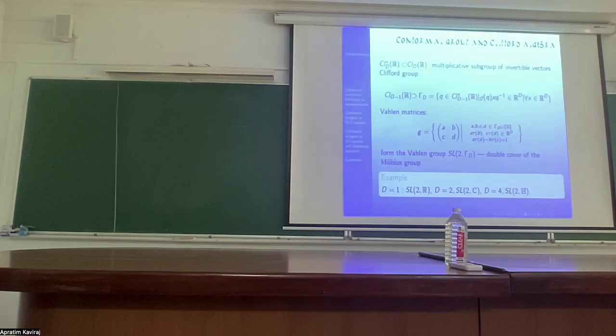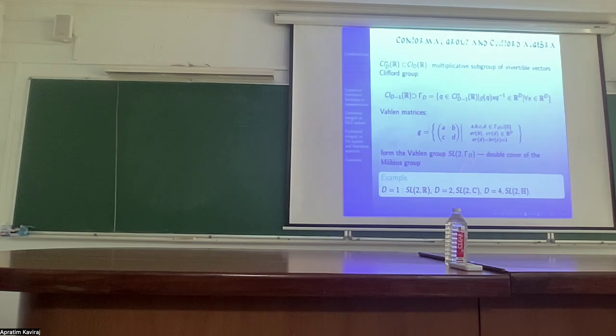Are you saying this SL2 gamma D is SL2C? SL2 gamma 2, D equal to 2, is SL2C. That's the obvious group in 2 dimensions, the global Mobius transformation, A z plus B over C z plus D. I thought that was SL2C and the Mobius group, and not the double cover.